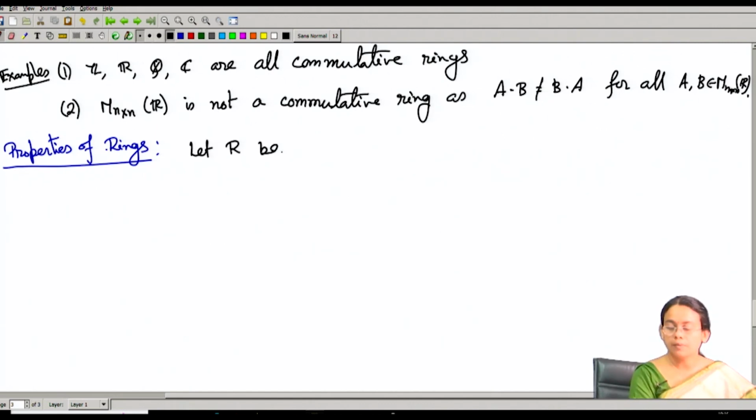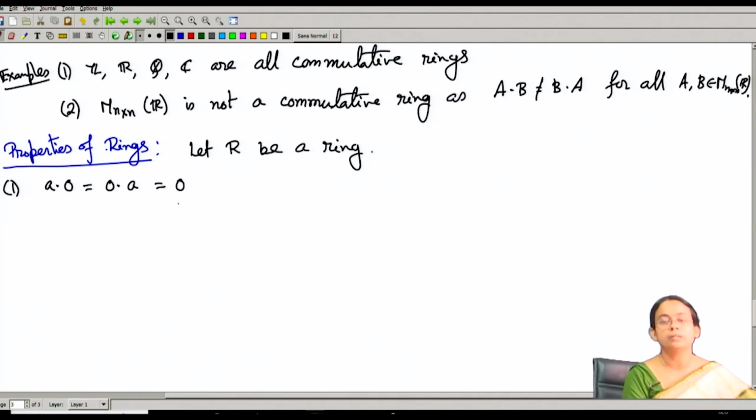Ring means with multiplicative identity. Then the first property says that A dot 0 is the same as 0 dot A, which is in fact equal to 0, where this 0 denotes the additive identity. The second property says that minus A dot B, where minus A denotes the additive inverse of A.